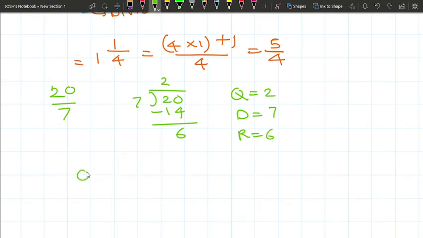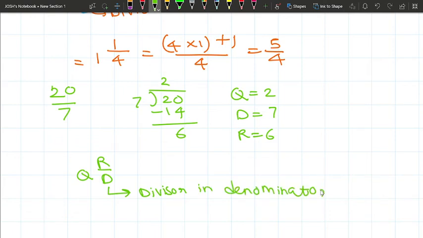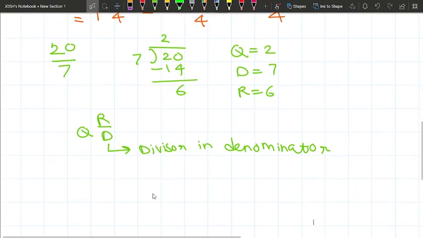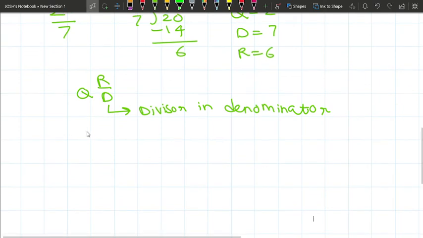And we know the formula Q R by D. The way to remember is divisor in denominator. Divisor also starts from D and denominator also starts from D. So you can remember them as divisor in denominator. So our quotient is 2, remainder is 6 and divisor is 7. So this is your answer.